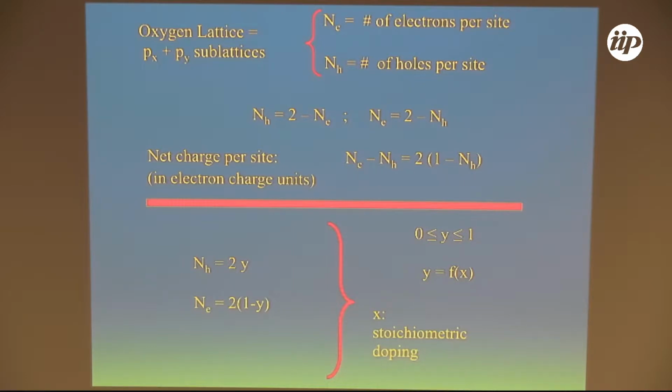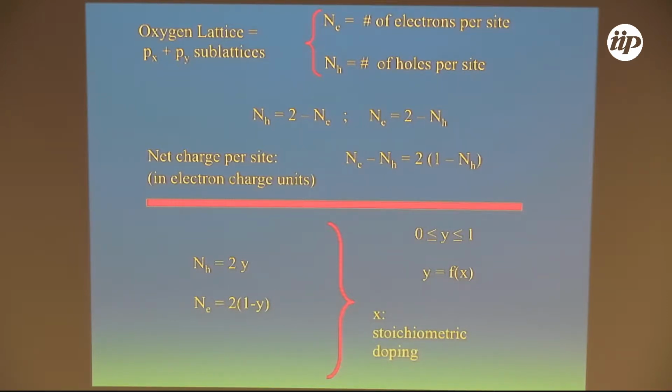They are a band insulator because they have 2 electrons per site. And if we call the number of holes 2y, where y is between 0 and 1, we can write the number of electrons like that and the number of holes like that, where y equals 0 means the pure system. Now, the problem is how to express this y in terms of the stoichiometric doping parameter x. This is not a trivial issue.